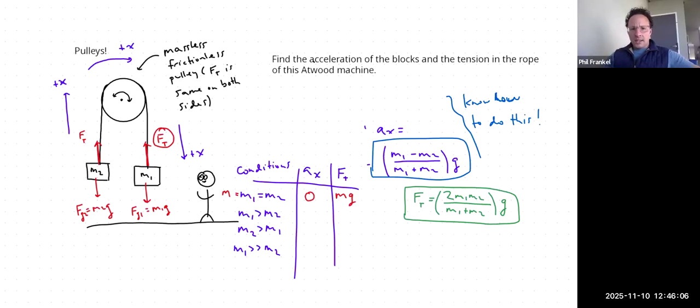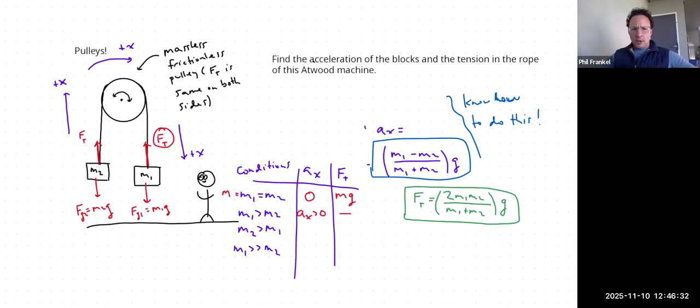All right, what if m1 is greater than m2? There's not much to say here. If m1 is greater than m2, the acceleration numerator is positive. So all I really know here is that the acceleration in the x direction is positive. And if m1 is bigger than m2, it's not that interesting what's going on with the tension.